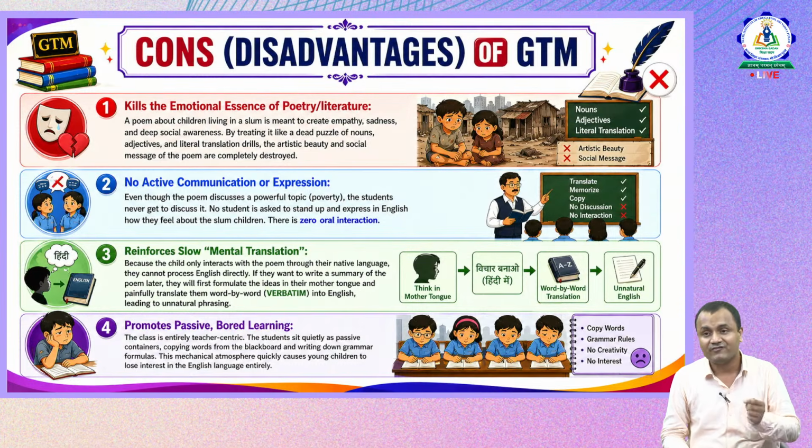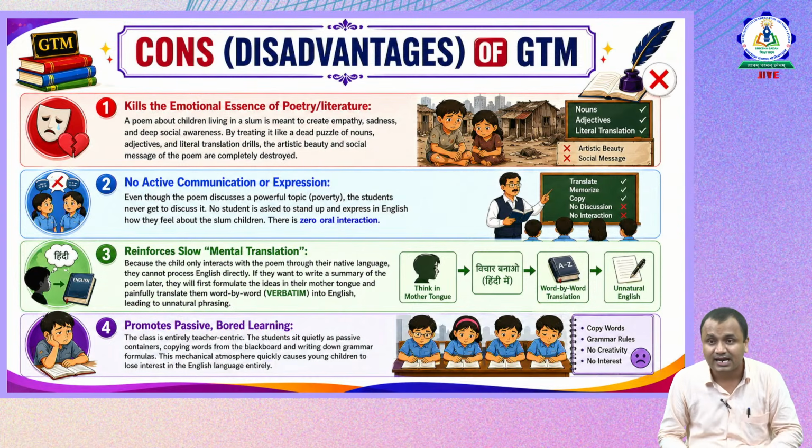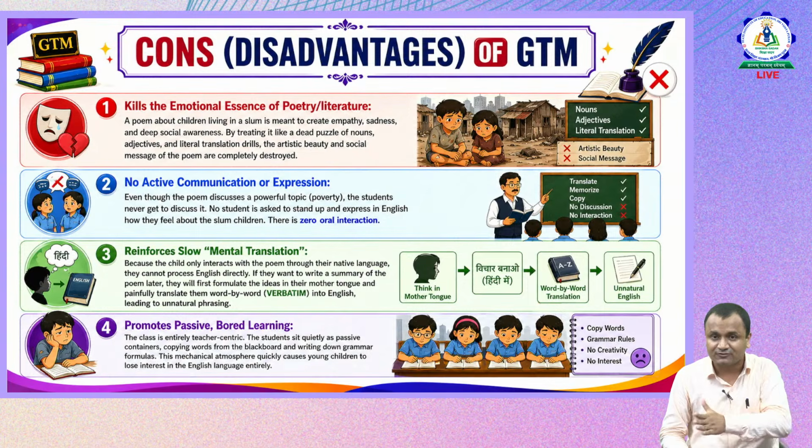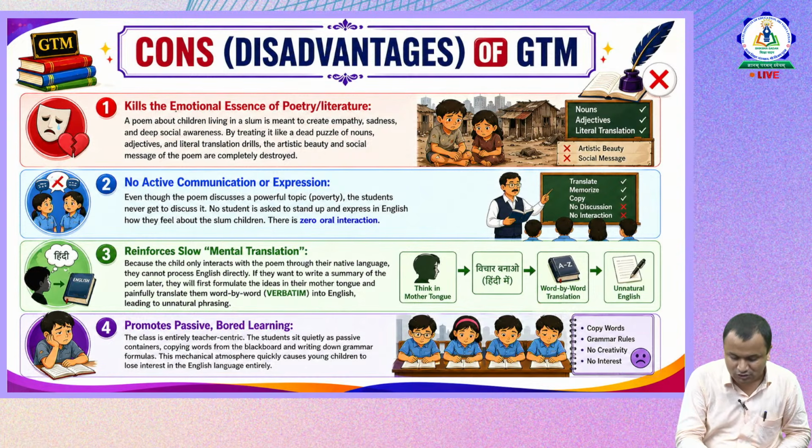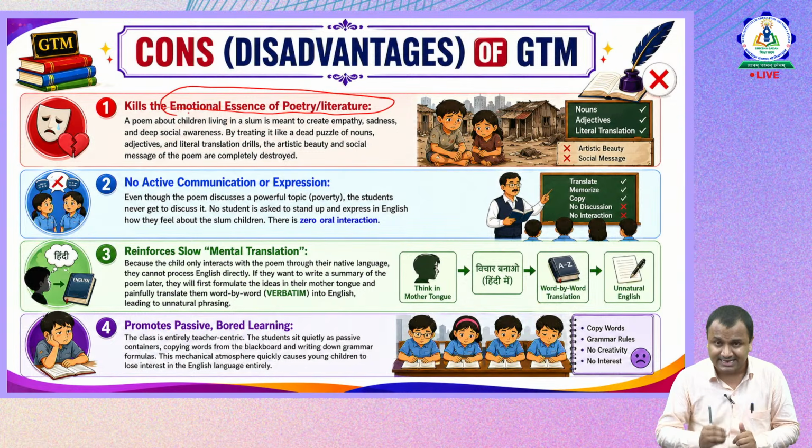Now, when we use GTM, grammar translation method, our focus gradually shifts to the grammatical aspects. Our focus gradually shifts to the rules, and because of this, what we neglect is the emotional essence of the poetry and the literature.